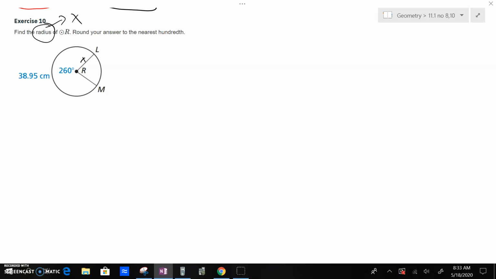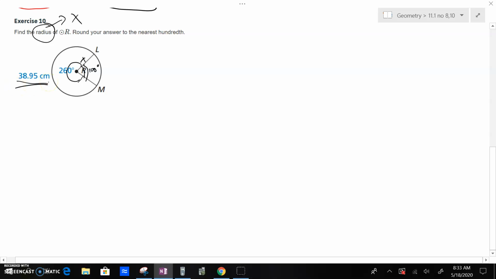So what we've got here is this big angle is 260. They didn't tell us what this little angle is, but that shouldn't be a big jump to say that's 100 degrees. Together, the two of them need to give you 360. What's a little less certain on this diagram, and this is where the book isn't doing a great job, is the 38.95.